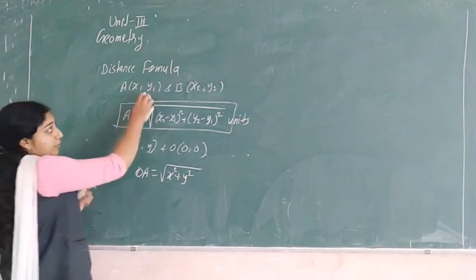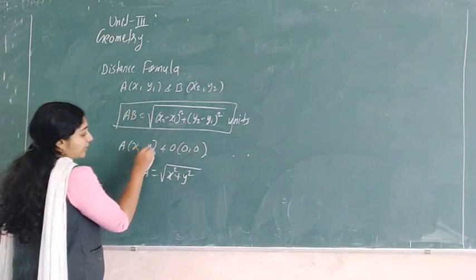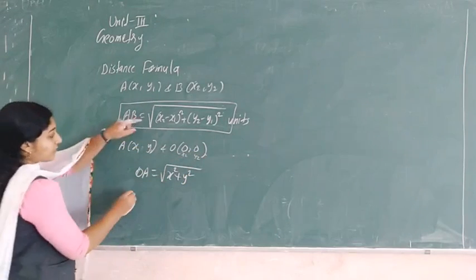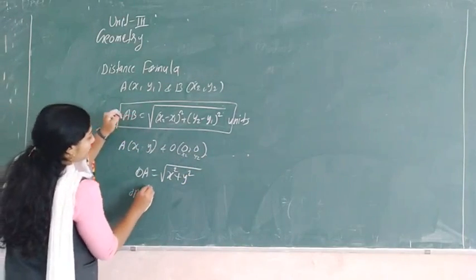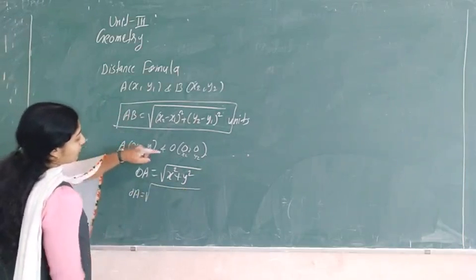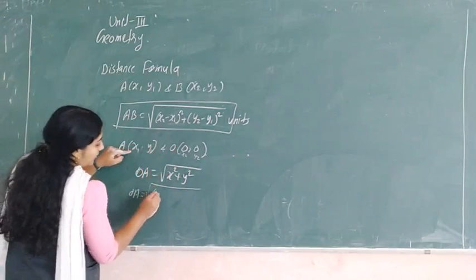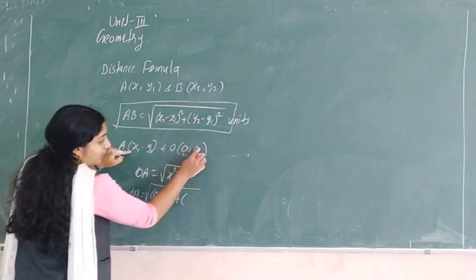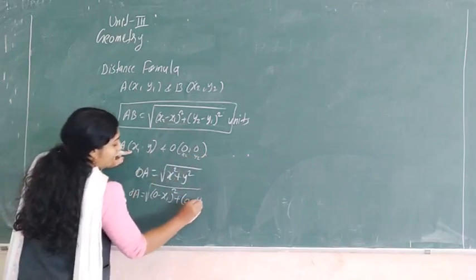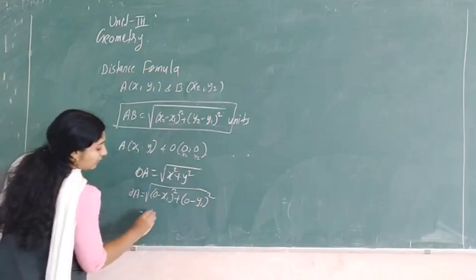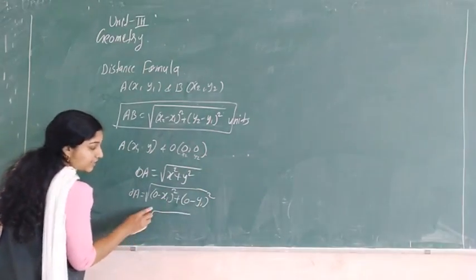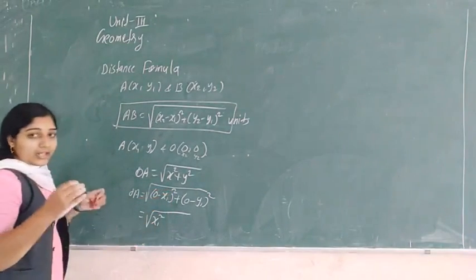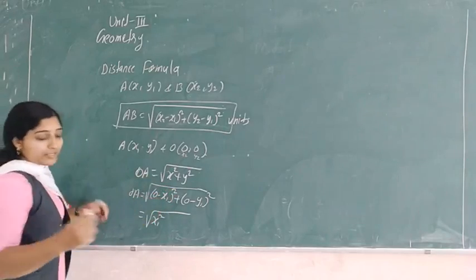Because see, suppose this is (x1, y1) and this is (x2, y2), and you substitute in the formula. What do we get? x2 minus x1, that is 0 minus x1 whole square, plus y2 value is 0, so 0 minus y1 whole square. 0 minus x1 is minus x1, and minus x1 whole square is x1 square, because as I said, if a power is given, the term is always positive.